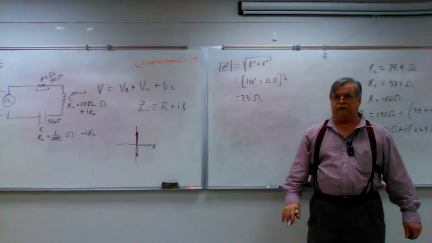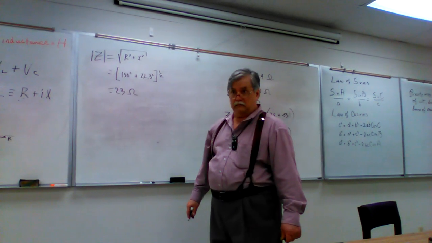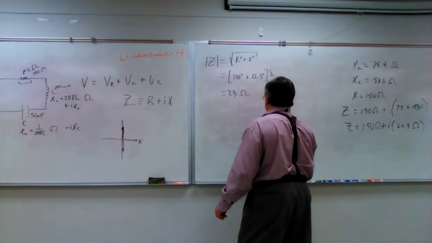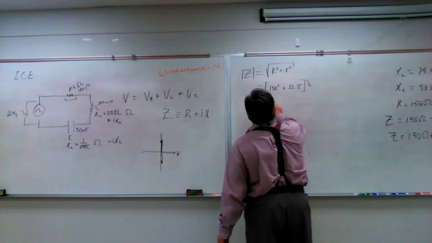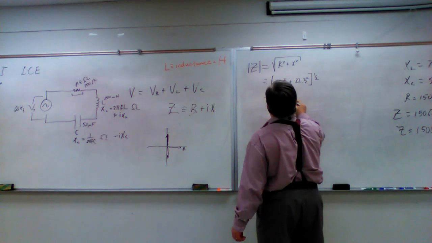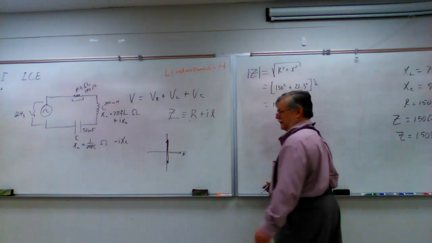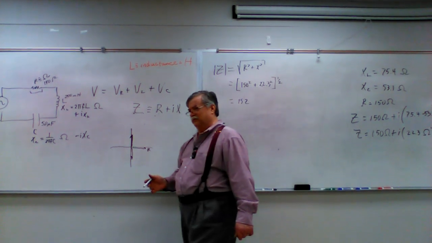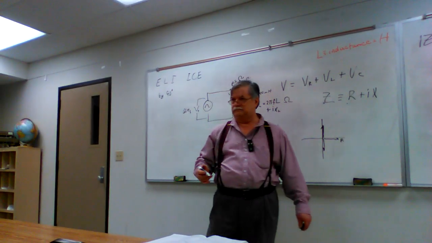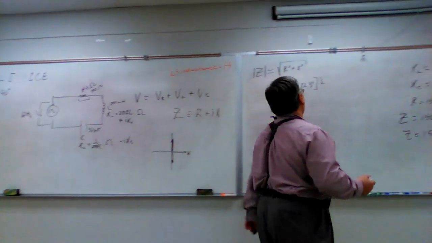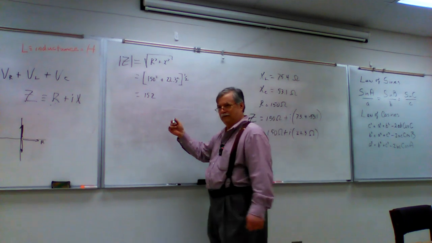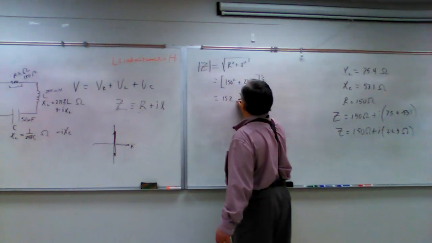That's our net impedance. But 152. 152 is the square root of 23? Okay. So is this right now? Okay. So it's 152 ohms.